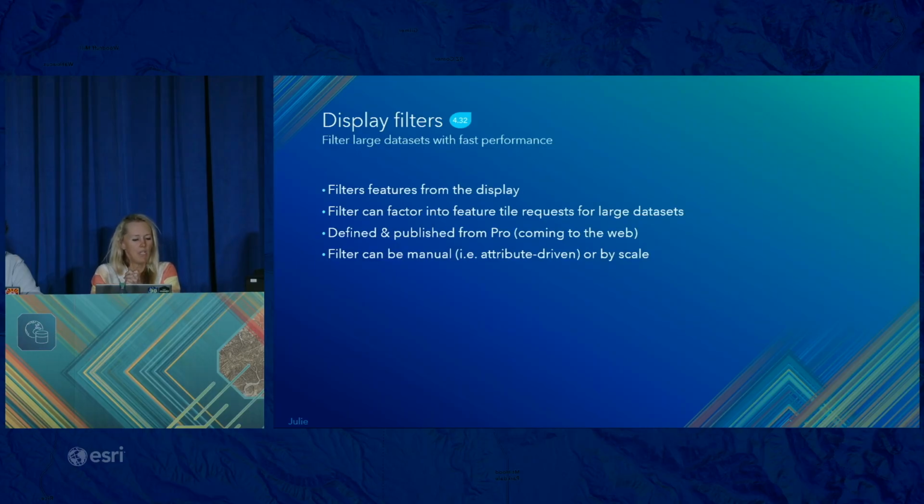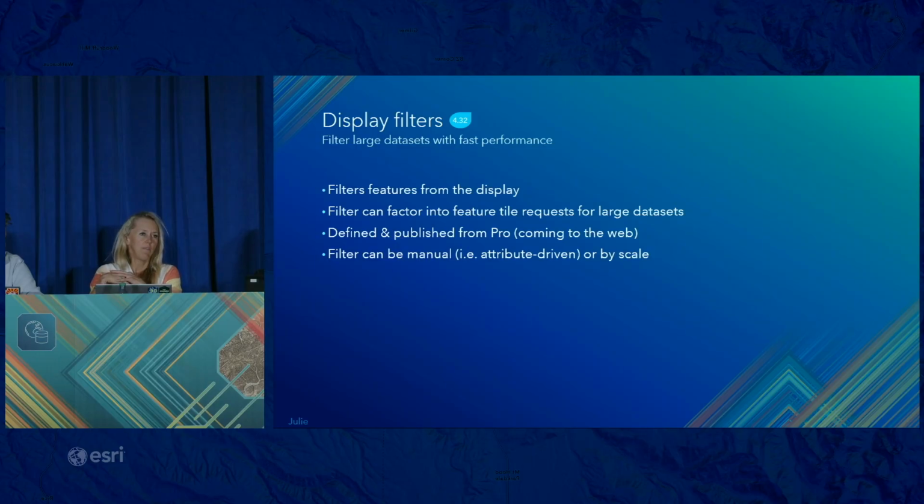Well, display filters are specific to the display. So it's unlike definition expression, that just kind of cuts out data that doesn't meet your criteria. You can't query it, you can't access it from any of your UI components. It's just not part of your map. In the case of display filters, it's really just controlling what's being displayed. But if you look at the second bullet, it does factor into feature tile requests.